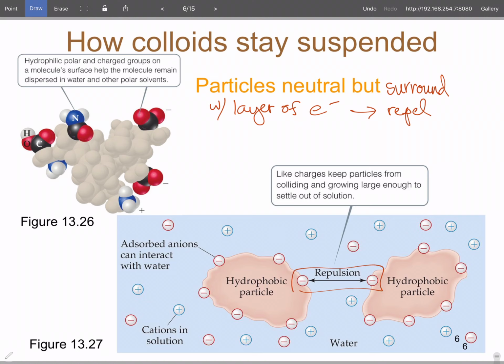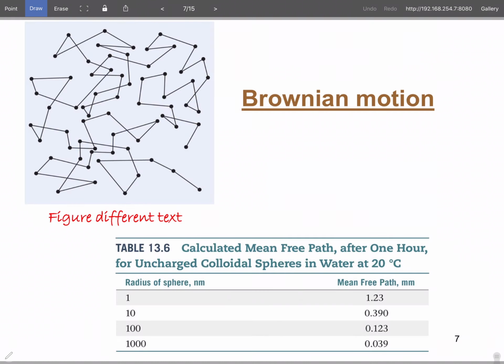So these little particles keep bouncing off each other and they stay in motion. So if you look at it, Brownian motion is the term that keeps the particles in a colloid suspended.